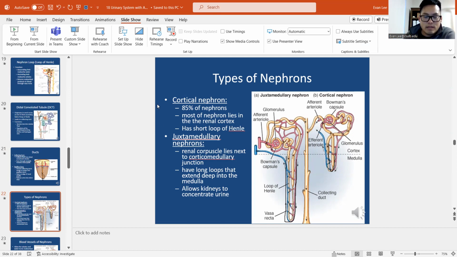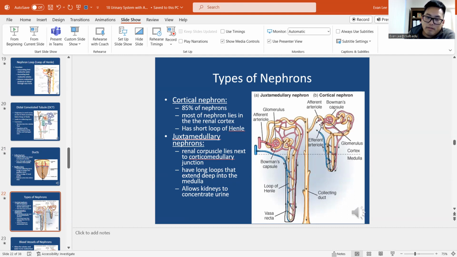So if you look closely, there are two major types of nephrons. There's the one that has the long loop, and then the one that has a shorter loop. The one that has a shorter loop is actually more in the cortex. So this is called a cortical nephron. And this is actually the majority of your nephrons.